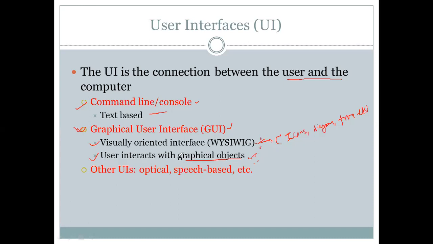But here the graphical objects are quite different. It will interact with the system with different graphical objects. The graphical objects are the objects in the terminal that are imposed manually into the chart.